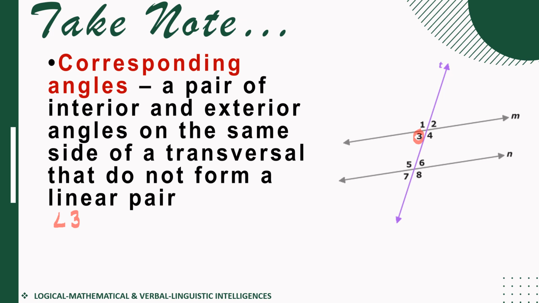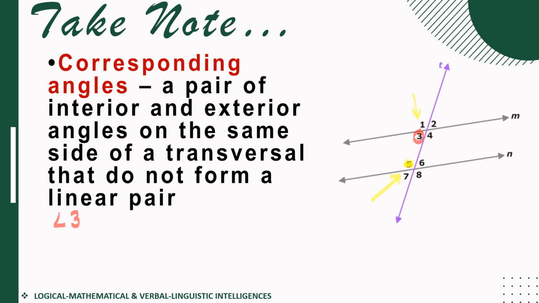So basically, we are going to consider it's either 1, 5, or 7. Okay, but we cannot consider this 5 anymore because it should not be both interior, right? So the other answer should be exterior. Okay, it says that both should be at the same side of the transversal, so it's either 1 or 7.